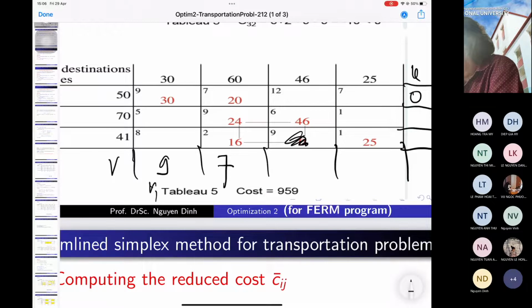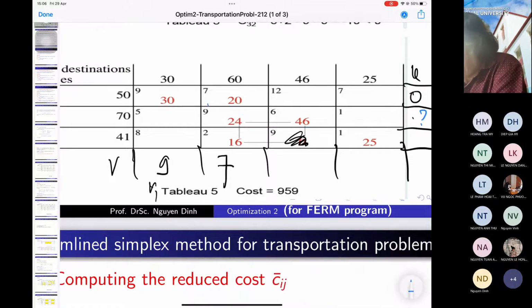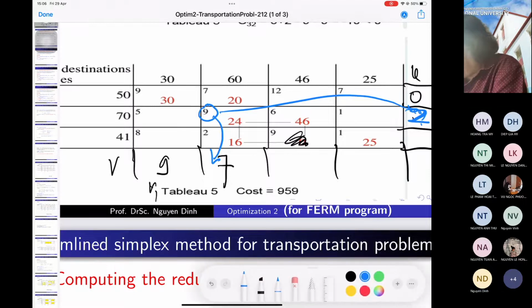Why is it 12? You take a look. Now you have to find out U2 first. You have to find out U2 here. Is that okay? But you have here 9. 9 equals 7 plus something here. So this should be 2.